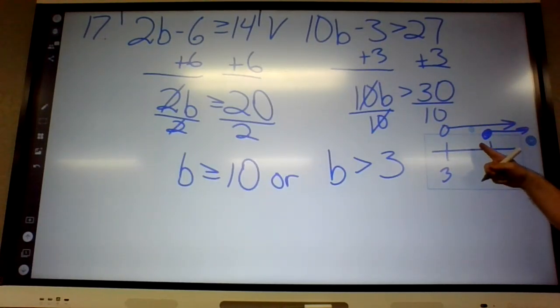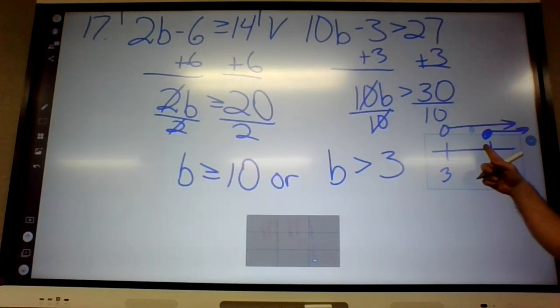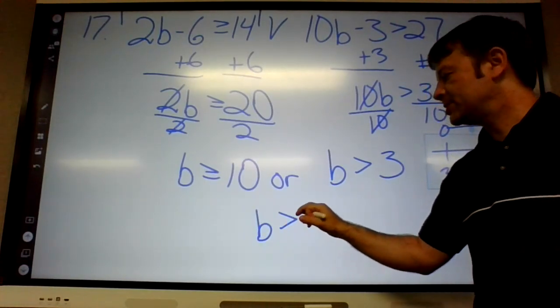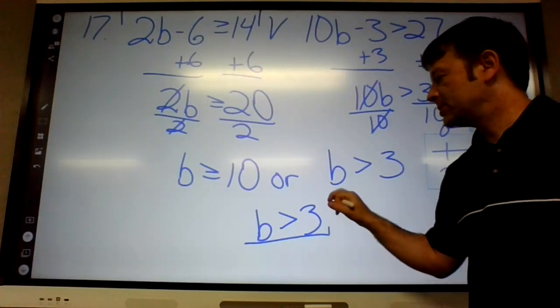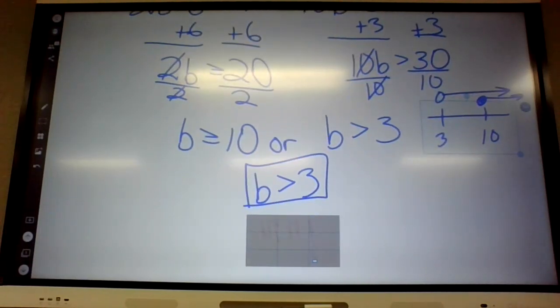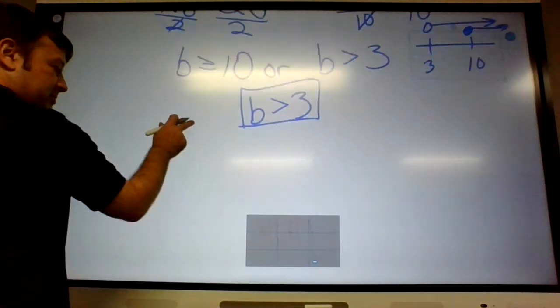That's all the numbers bigger than 3, right? So the simplified answer would just be this part. B is greater than 3. All right, we're already at the end. See, that wasn't so bad.